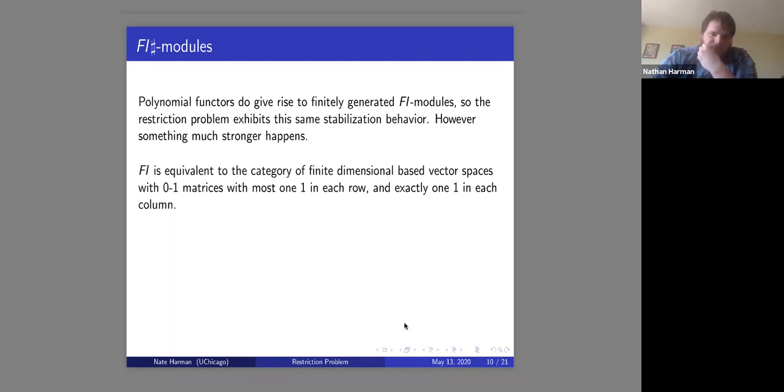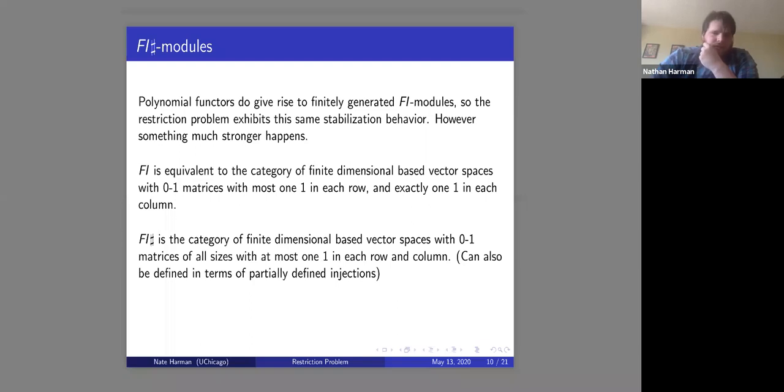But I want to bring it back to this stuff about the Rook monoid I was talking about. We can do the same thing, just relax the condition on 0,1 matrices so that we have at most one 1 in each row and column. And again, I could define this in terms of partially defined functions between finite sets. And I personally like to think very concretely in terms of what these are as matrices.